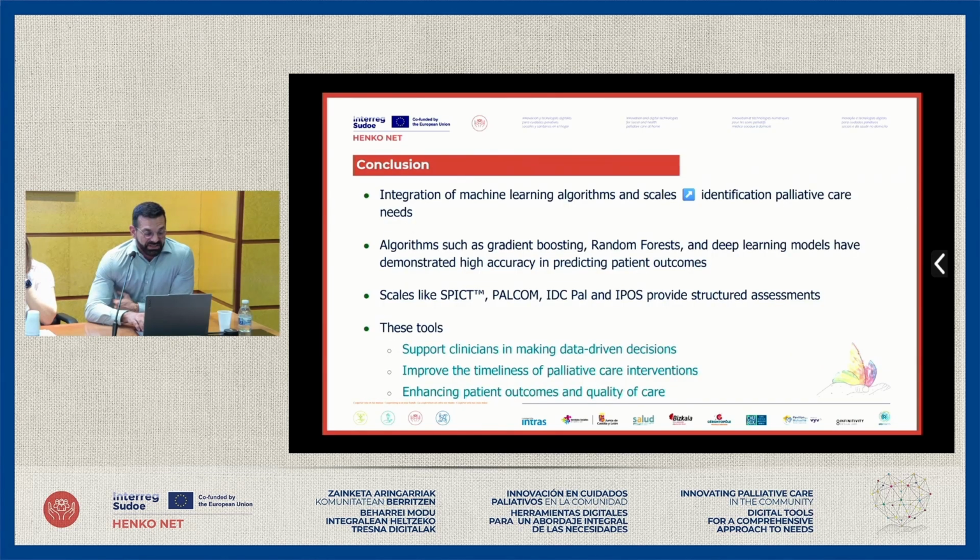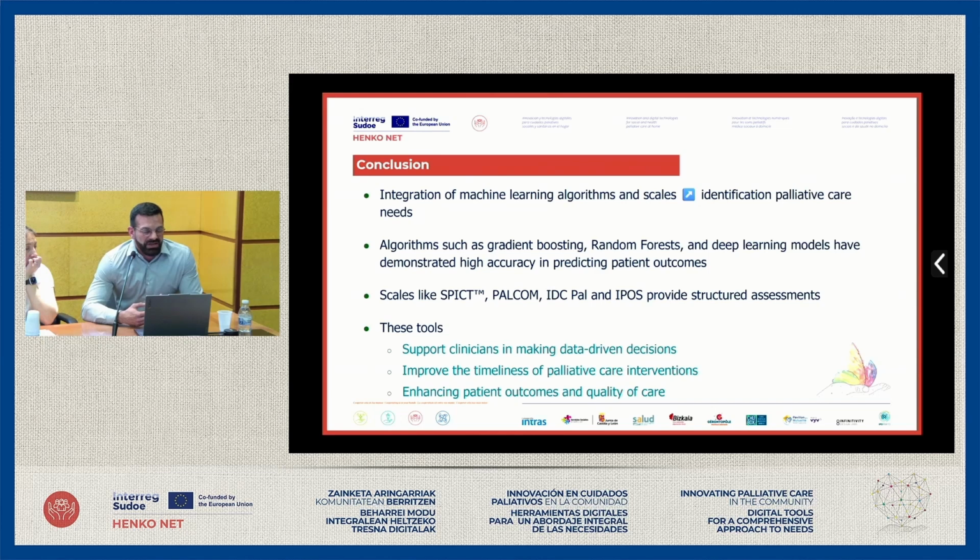To conclude, we saw that the integration of machine learning algorithms and scales can improve the identification of palliative care needs. And if you remember what we said this morning, it was one of the challenges identified by health professionals, by patients and relatives: to predict the needs and to identify them very early in the healthcare pathway.